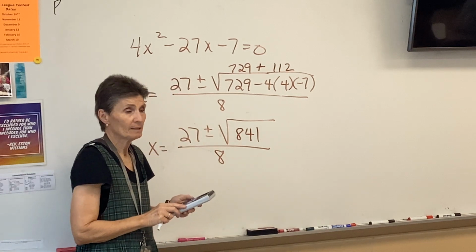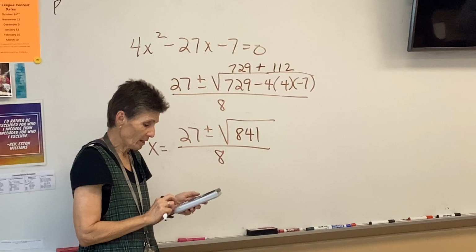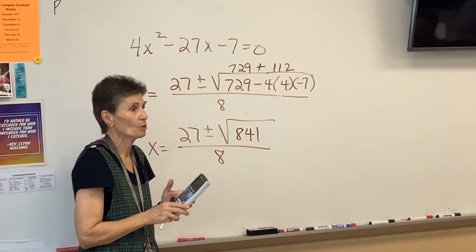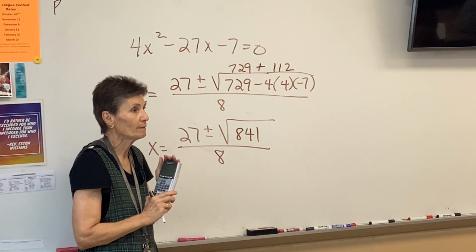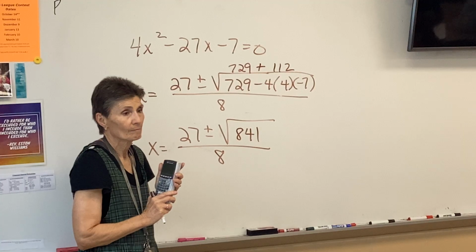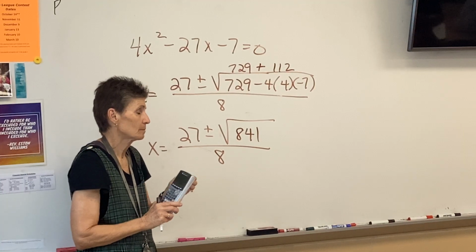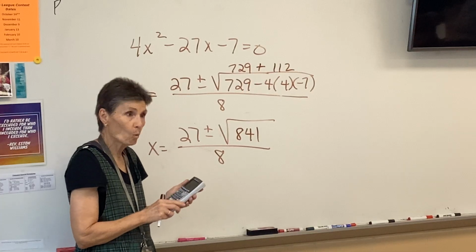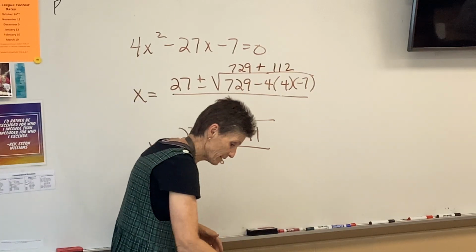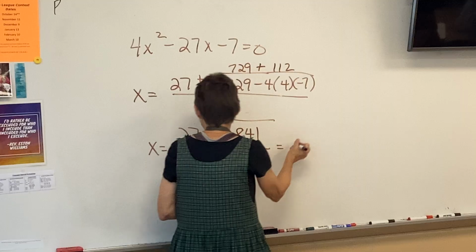Just for fun, is 841 a perfect square? Let's go ahead and take the square root of 841. Calculator says 29. It is 29. Well, that is great news.